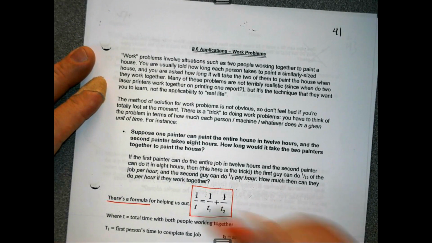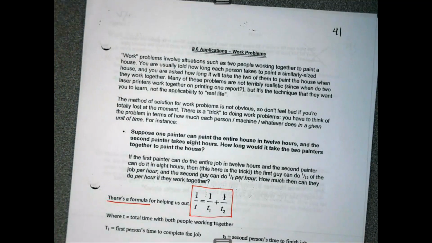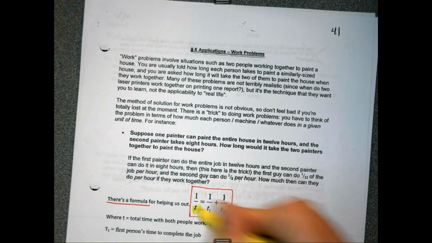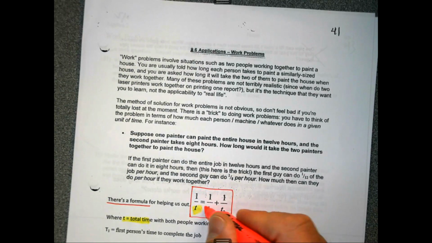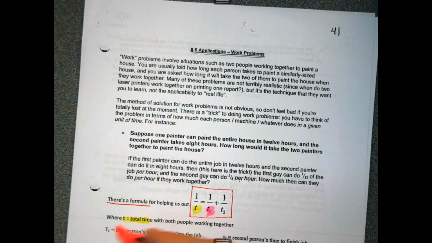Okay. Where T, I'm going to get a highlighter. Where T is the total time with two people working together. T1 is going to be the first person's time to complete the job.